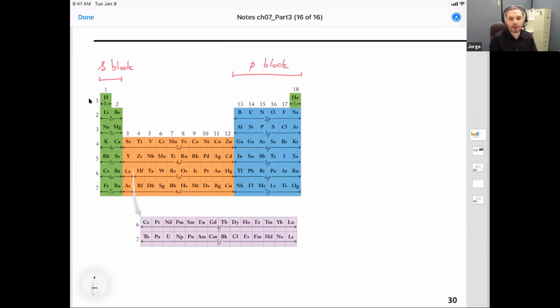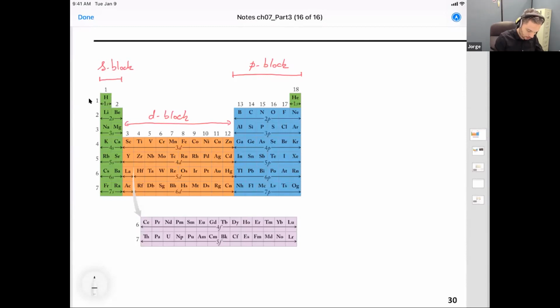So the p block, in addition to s orbitals, they also have p orbitals as the valence shell. And in between the s block and the p block, from groups number 3 all the way to 12, we have here the d block. D block elements have electrons in the d orbitals.